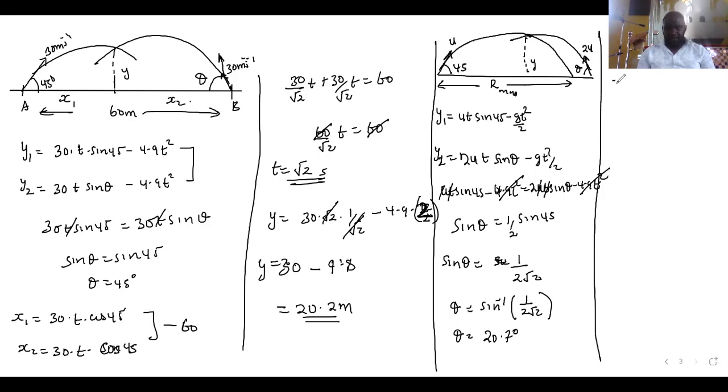From X is equal to UT cos of theta, X1 is equal to U times T times 1 over root 2.